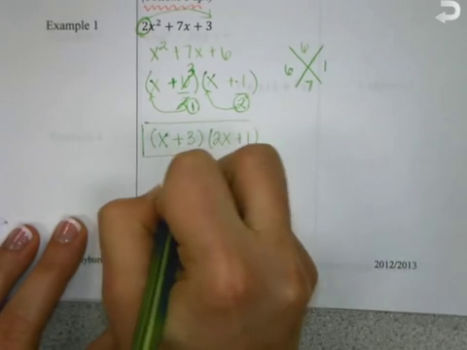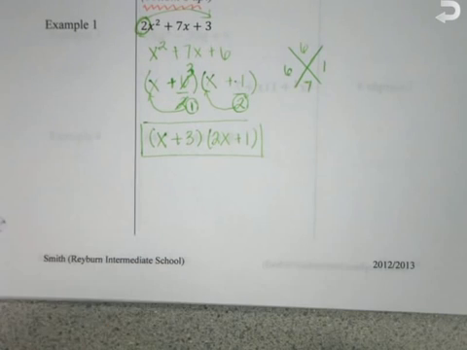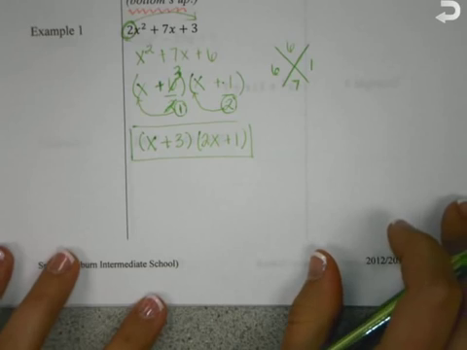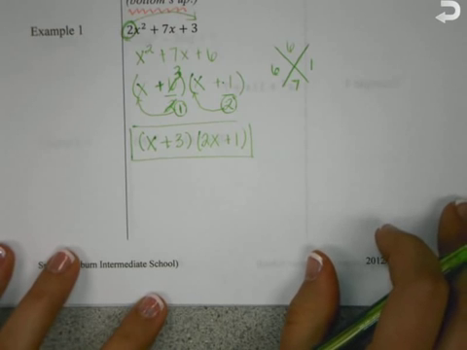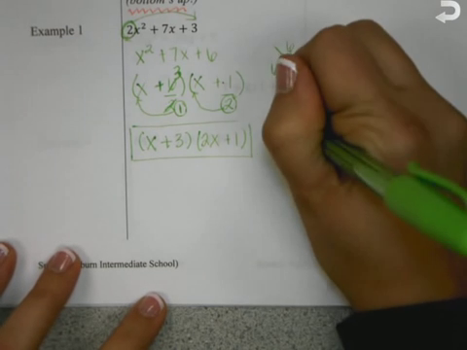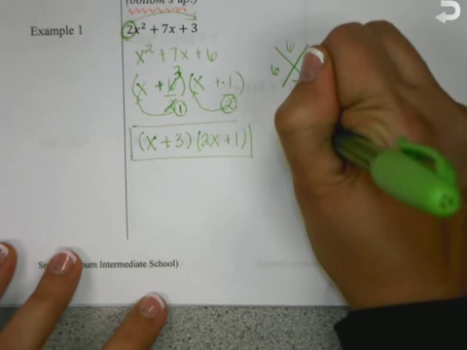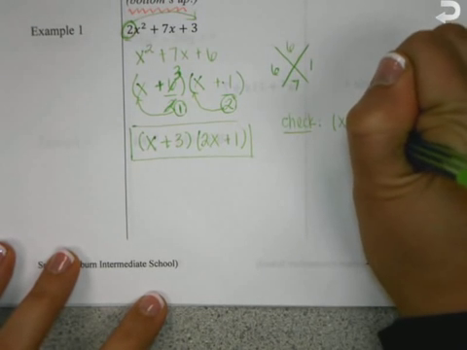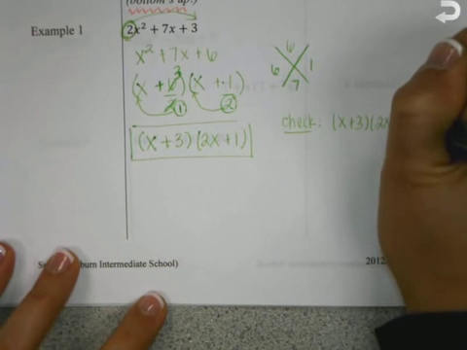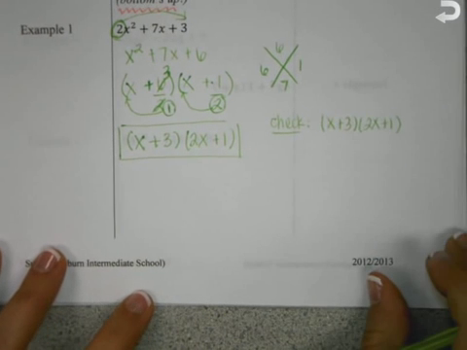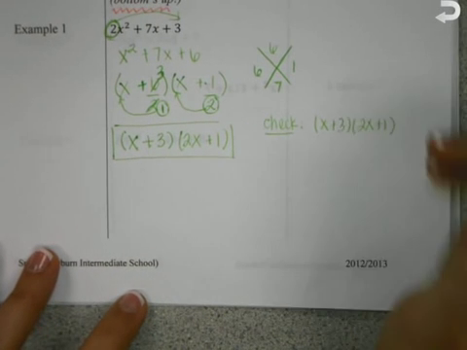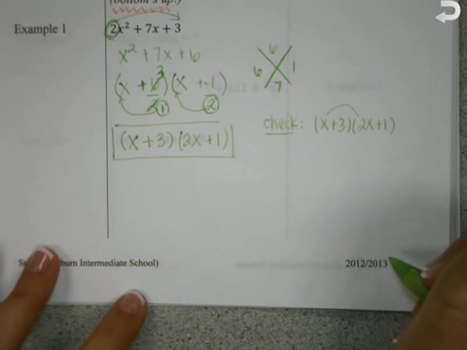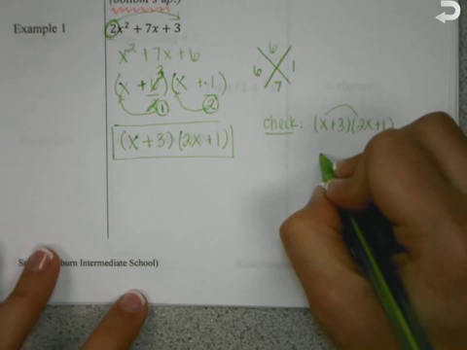How would I check if I got the correct answer? FOIL or box. Do whichever you want, but we have to check. So, x plus 3 times 2x plus 1. X times 2x gives me what, guys? 2x squared.